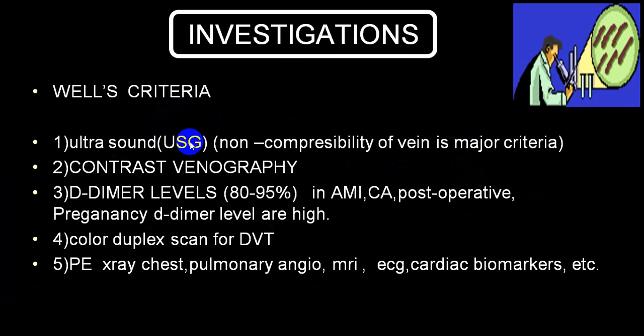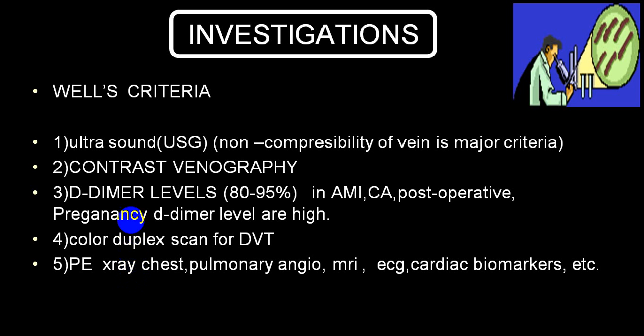Ultrasonography to find out the possibility of deep vein thrombosis, contrast venography. D-dimer level will be helpful, but it can be false positive in many other conditions. Color duplex scan for deep venous thrombosis, and then you can go for pulmonary embolism investigations like X-ray chest, where it will show Westermark sign and Hampton's hump.